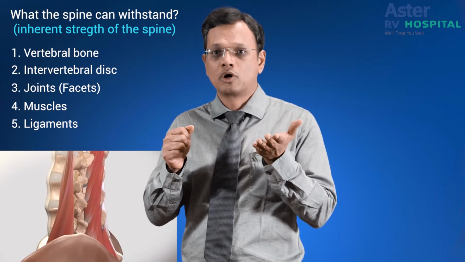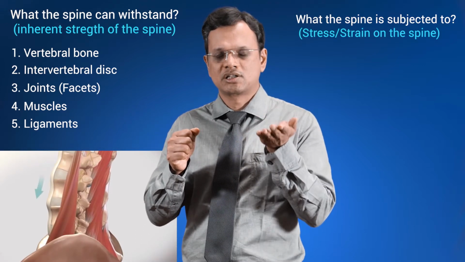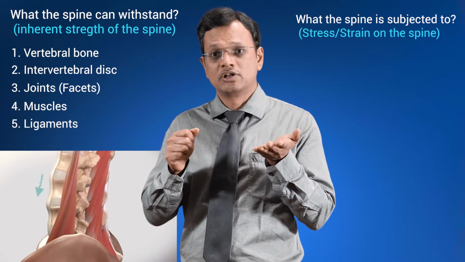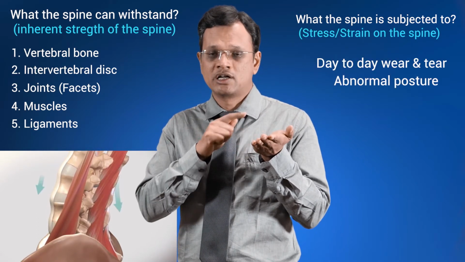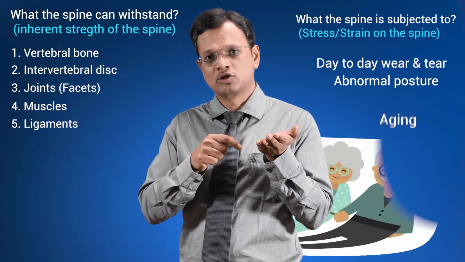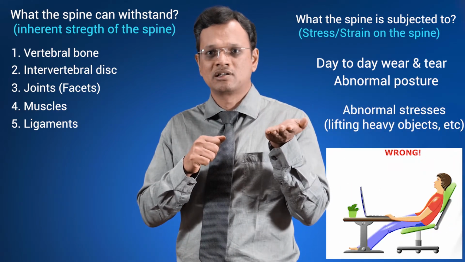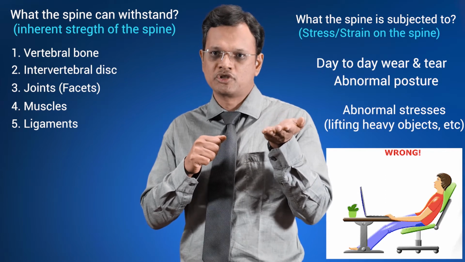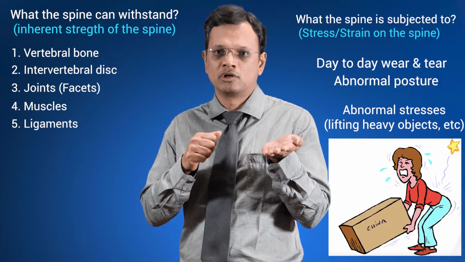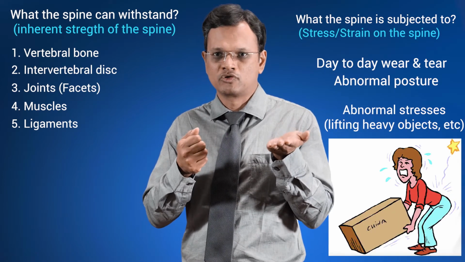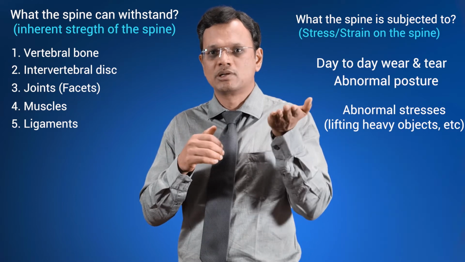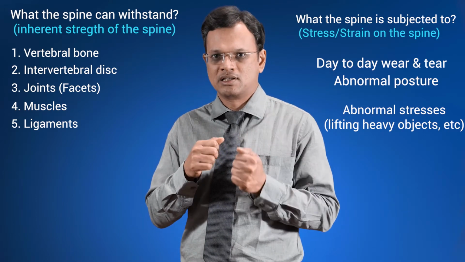And also the extent of stress and strain that it is subjected to, which is day-to-day wear and tear, also related to age-related degeneration, and the several stresses and strains we undergo on an occasional basis, when we try to lift an object that we are not supposed to lift. These are the things that can precipitate low back pain in several cases.